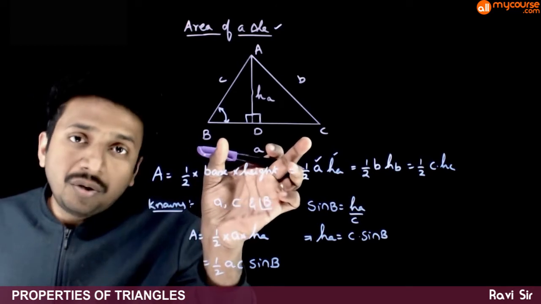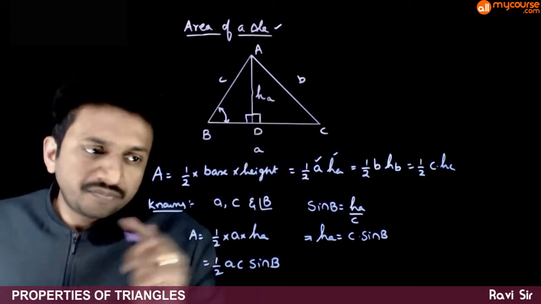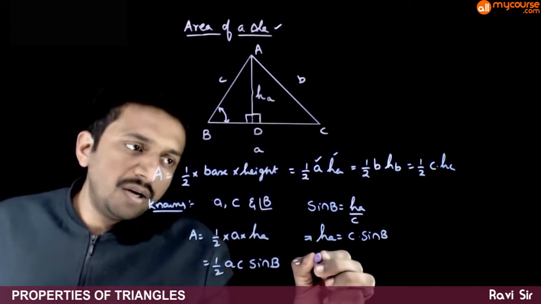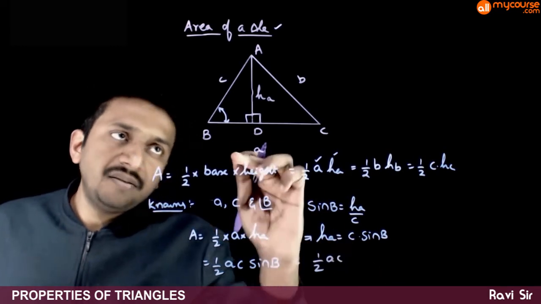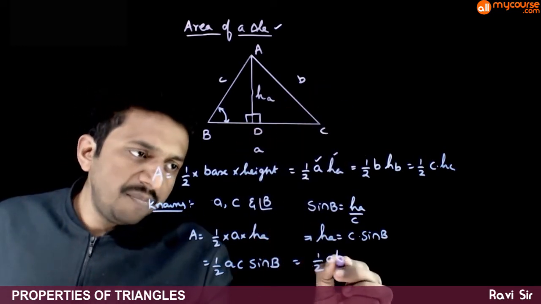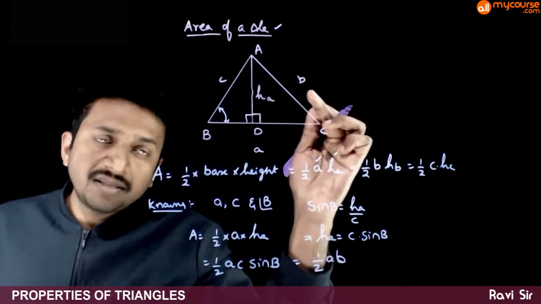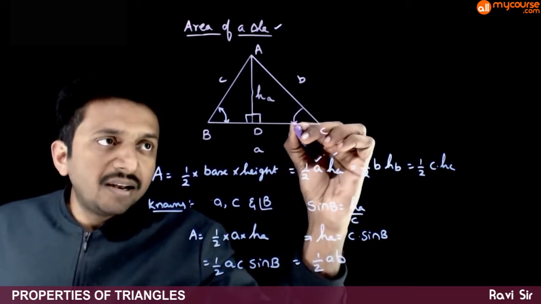It's not necessary that you need to know only a and c and angle B. Area will also be equal to half ab times, if you have these two sides, you need to know this angle.